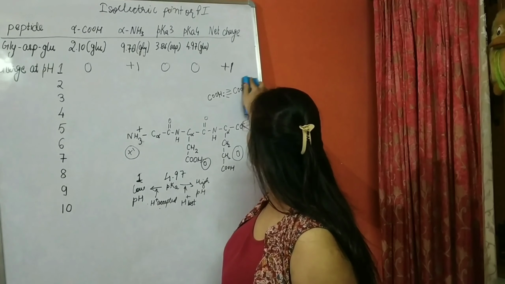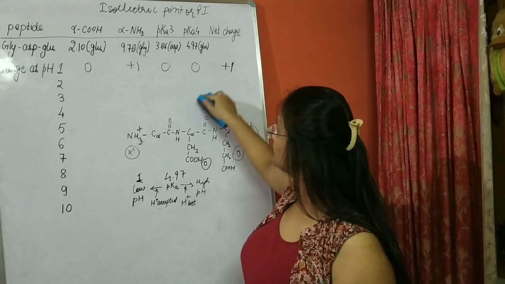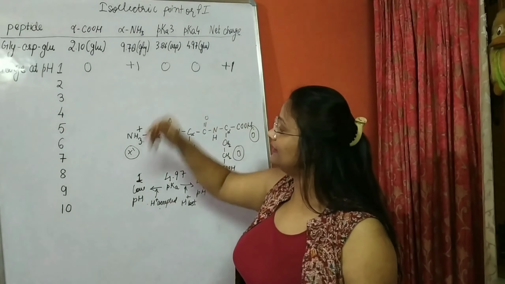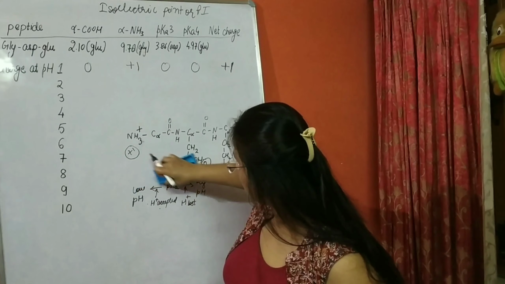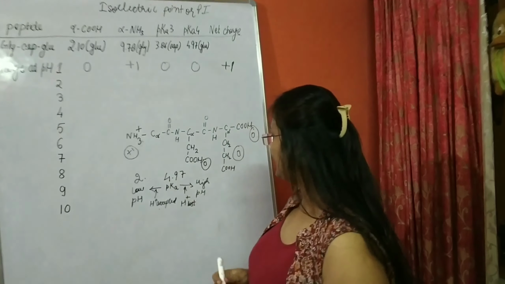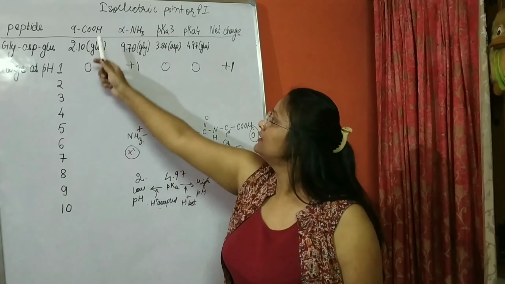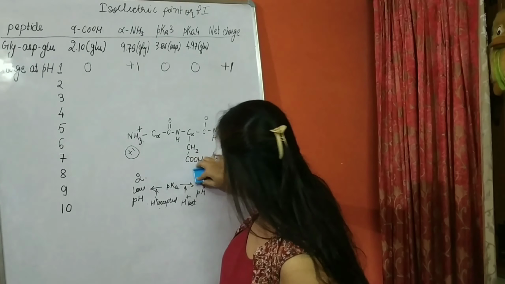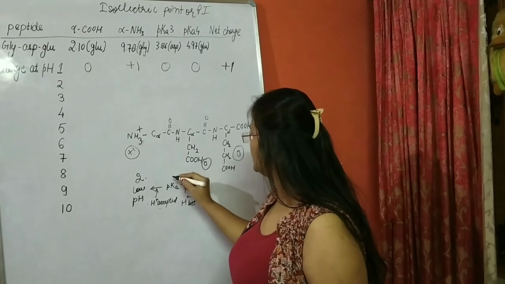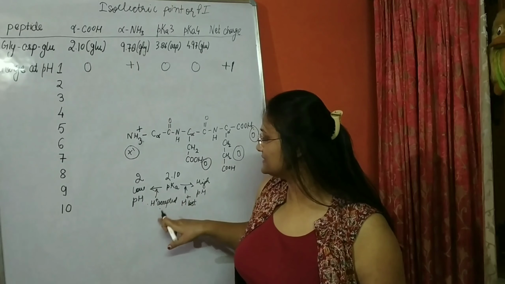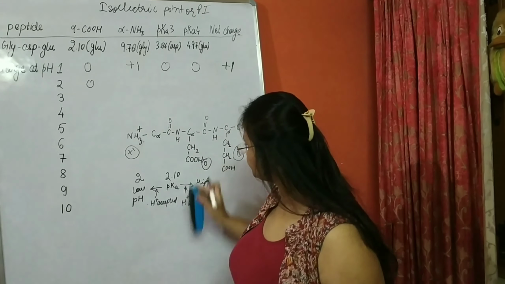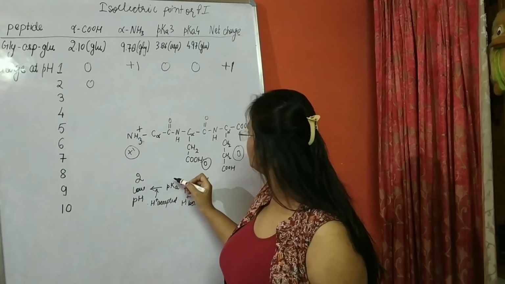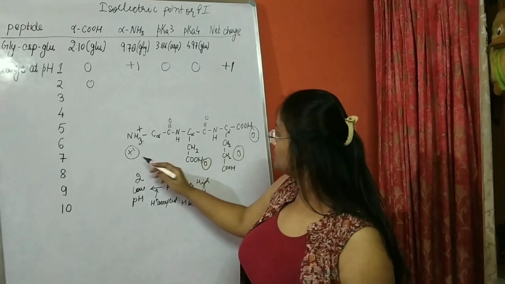Now let us see what happens when this particular peptide is kept at pH 2. Again we will consider one by one. For alpha COOH, it is 2.10, right? So 2.10 is greater than this pH. That means it is kept at low pH, so H plus will remain accepted. So it will be again 0.